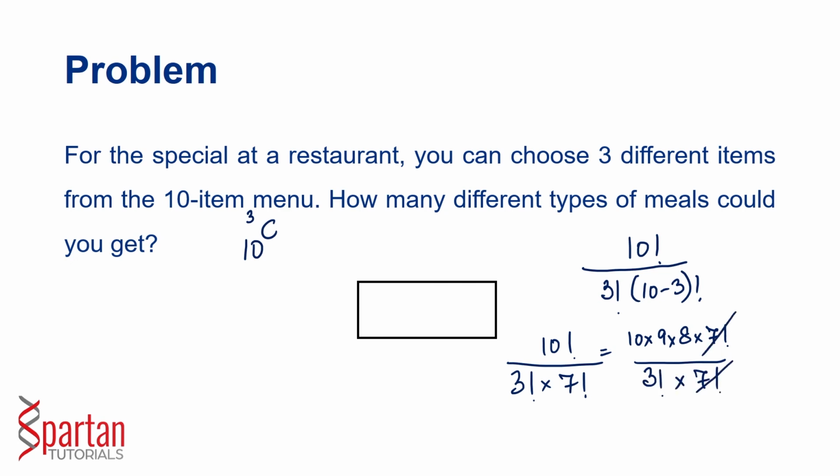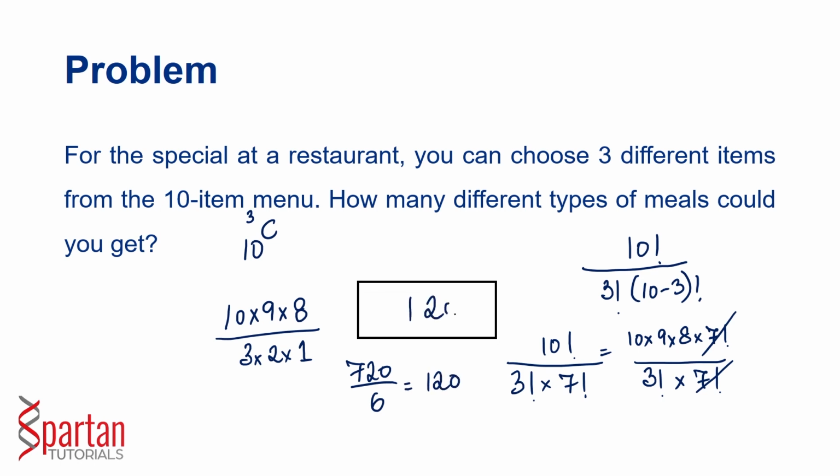Now we can cancel 7 factorials and we are left with 10 multiplied by 9 multiplied by 8 divided by 3 factorial, which is 3 multiplied by 2 multiplied by 1. Now we can solve it as 720 divided by 6 or 120. So 120 different types of meals we can get, so that's our right answer.